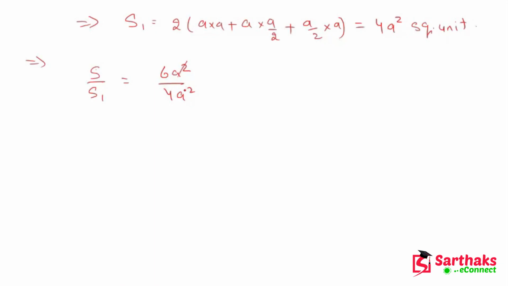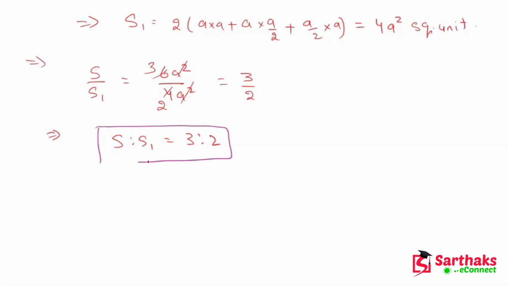The a square is cancelled, 6 divided by 2 is 3, and 4 divided by 2 is 2. So we have 3 upon 2. The ratio S to S1 is 3:2. This is our correct answer.